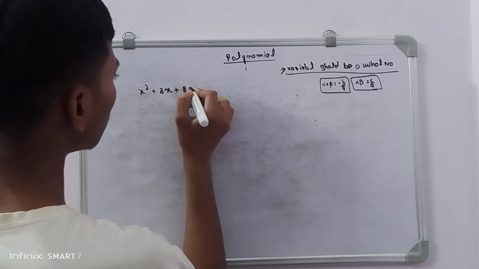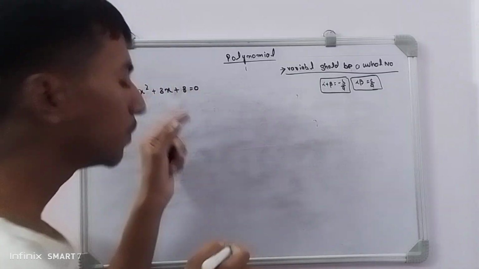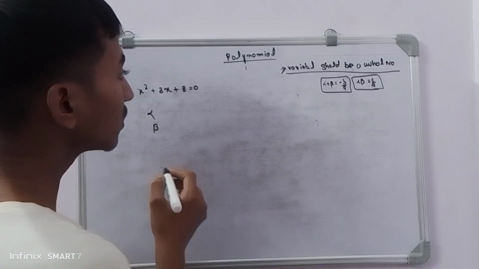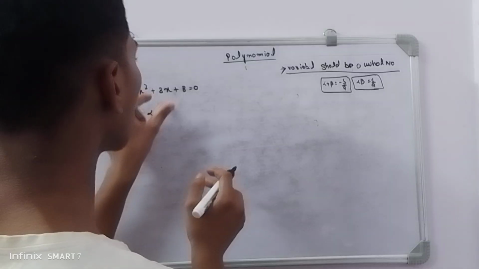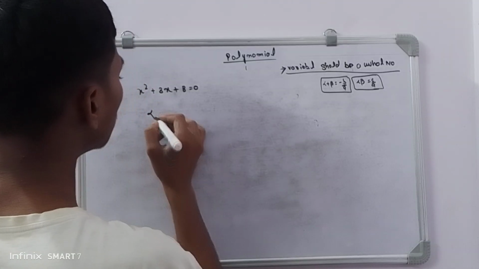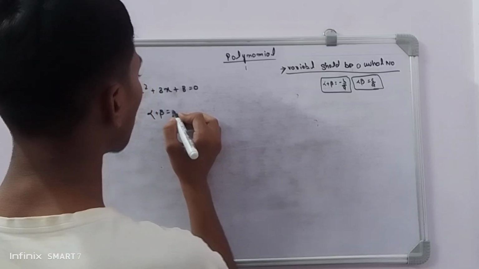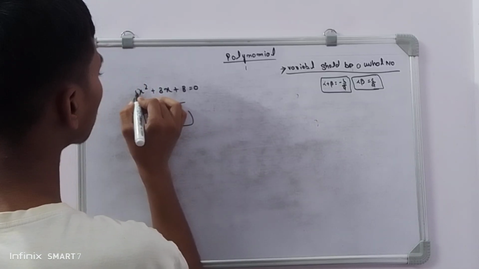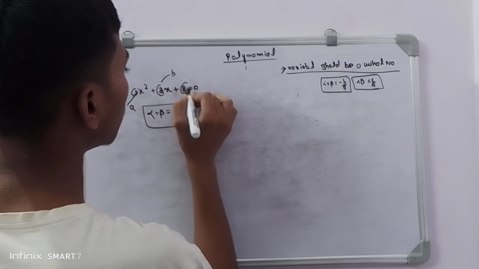If I ask what is the sum of its roots, we will get two roots, one is alpha and one is beta. So if I ask the sum of these roots, you do not have to find it through middle term splitting, you just add alpha plus beta, and in the formula alpha plus beta can be written as minus b by a, and here we know that this one is a, this one is b, and this one is c.